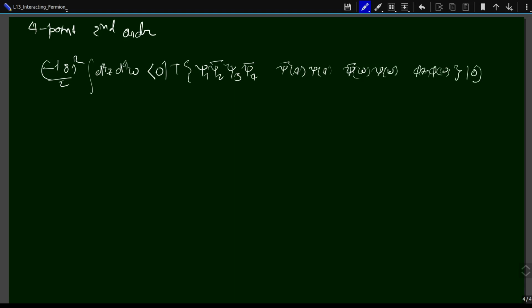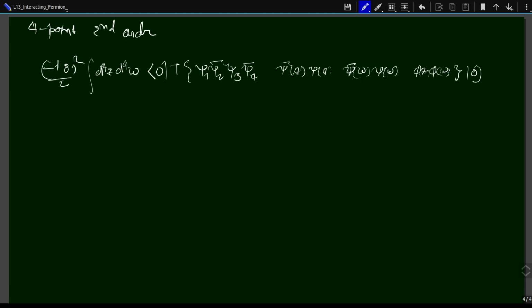Okay, so this is the 4-point guy at second order, and here I have to find all possible contractions. Okay, so here again, this is the first term in the 4-point function that can possibly contribute to a scattering.